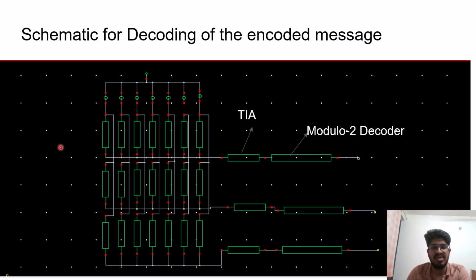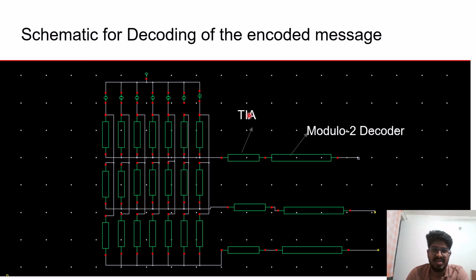Now this decoder circuit has to detect this error. By performing the vector matrix multiplication of the encoded message with the parity check matrix, we can detect the location of the error.